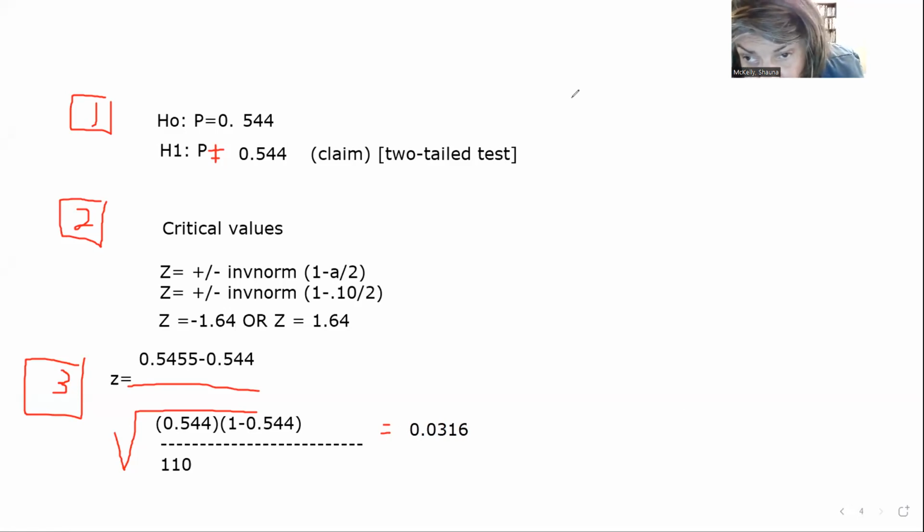Step 4 here is to make the decision: reject H0 or do not reject H0.